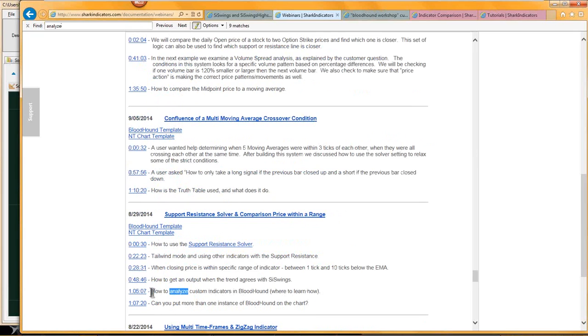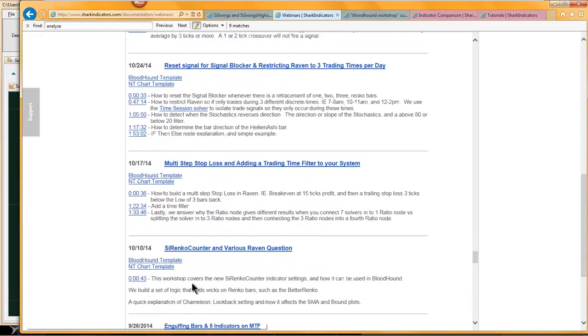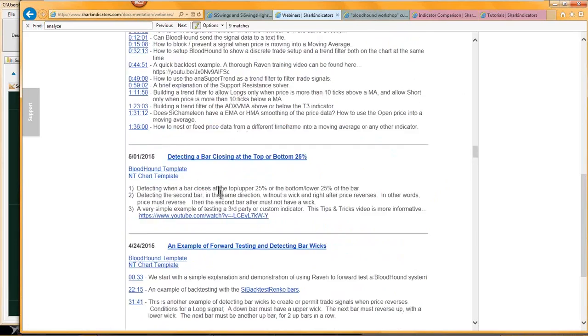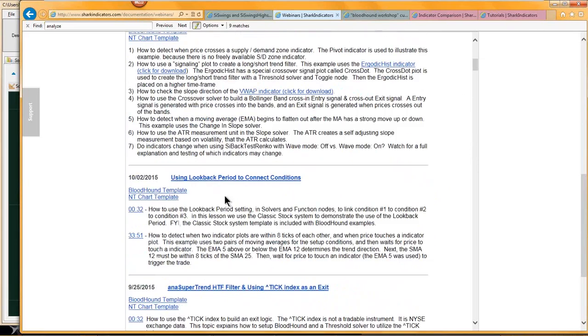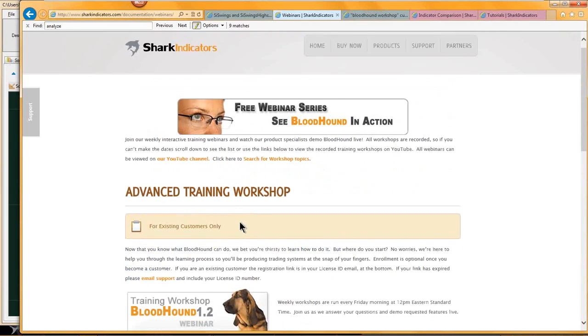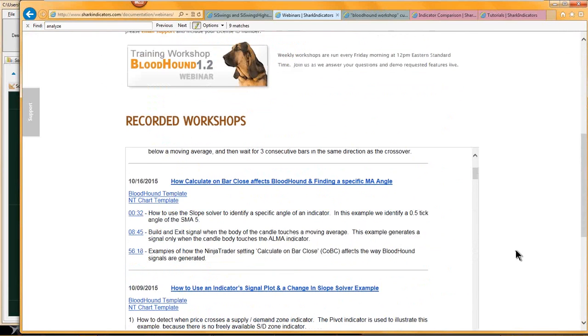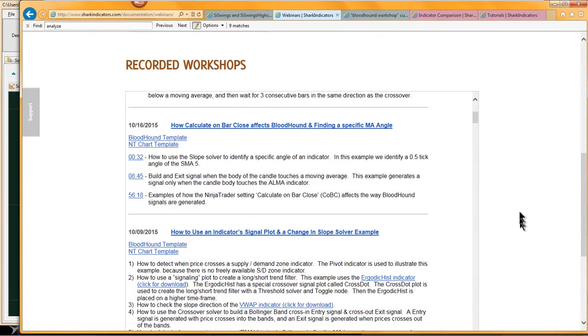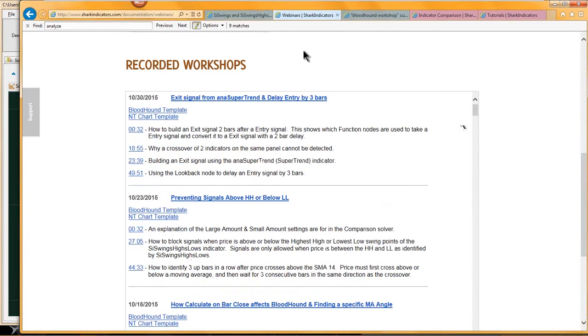Oh, there's the same one that we found: how to analyze custom indicators, BloodHound. All right. When I did this again, I showed some other ways to analyze third-party indicators, to see if they work or not. They might have been too minor to make note of in these recent workshops.